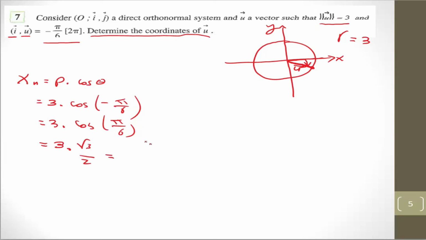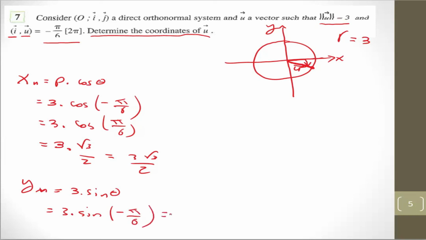So it's equal to 3 radical 3 over 2, and then y_u equals 3 times sine theta, so 3 times sine of minus pi over 6, which is minus 3 sine pi over 6.